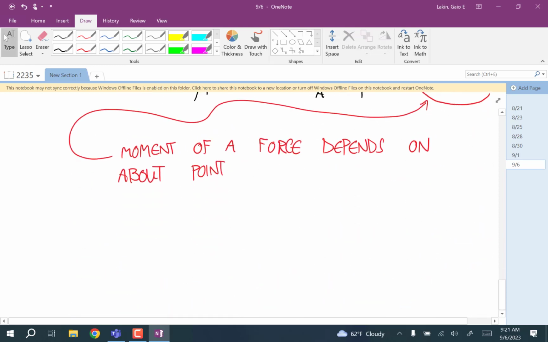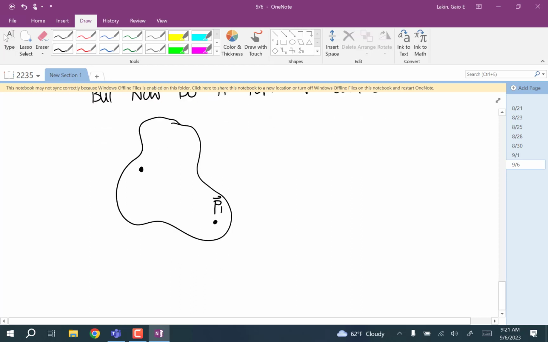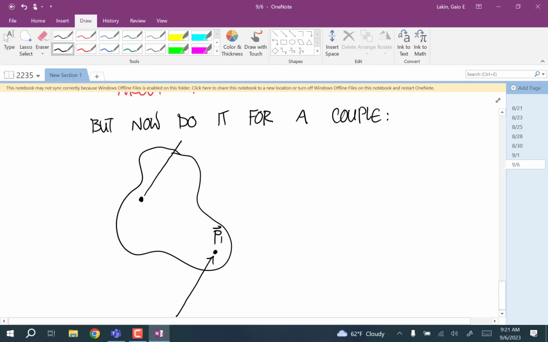But now let's think about a couple. Okay, so you have this arbitrary body, and now you have 2 locations. Let's call this one P1, and that's where we're going to apply this force F. And it doesn't matter which one you call F and which one you call negative F. It's just 2 forces in opposite directions with the same magnitude.